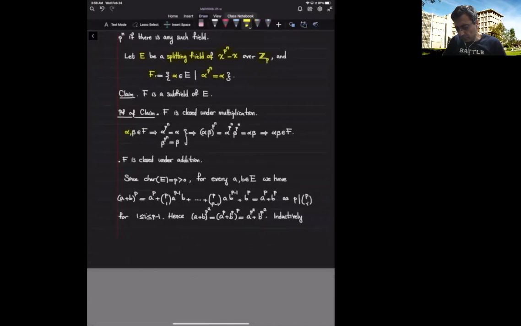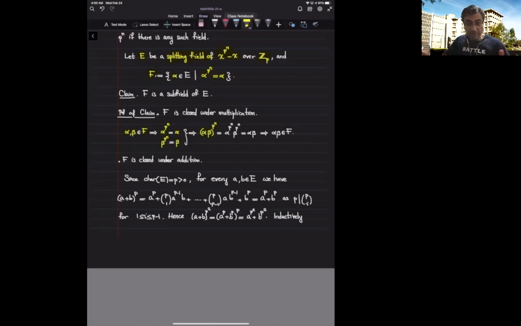Suppose I give you 2 elements, alpha and beta, inside this set. Then alpha and beta both satisfy these equations, which means alpha to the power p to the n is alpha, and beta to the power p to the n is beta. Now I consider alpha times beta, and I ask myself, what happens when I raise this to the power p to the n?